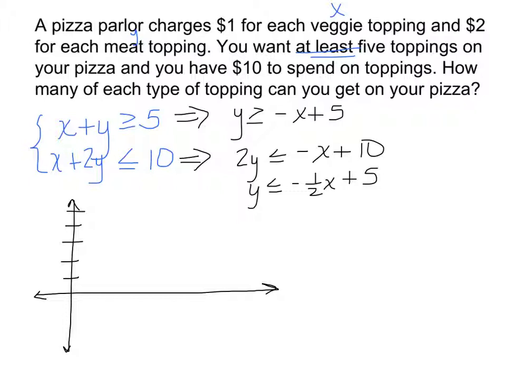Because you can measure points up. So I'm going to try my best to do these. The first one I'll do in blue. Starts at 5, and my slope is -1. So I'm just going to keep going. And this is a solid line because it's equal to. And it says everything greater. So I'm going to wait to shade that.